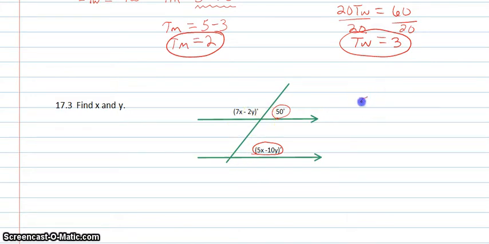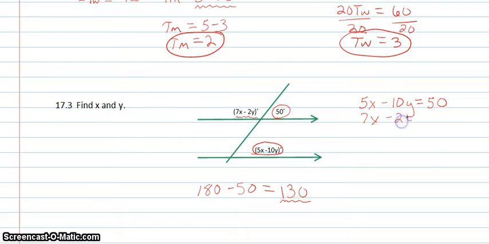So one of my equations is going to be 5x minus 10y equals 50. Then my other equation, I know that if I added these two angles together, I would get 180 degrees. So if I subtract 50 from 180, I get 130. And this here, 7x minus 2y, is equal to that 130. So I'll have 7x minus 2y equals 130.